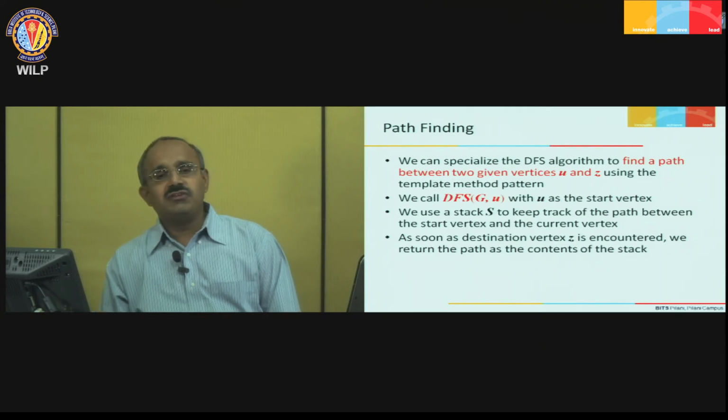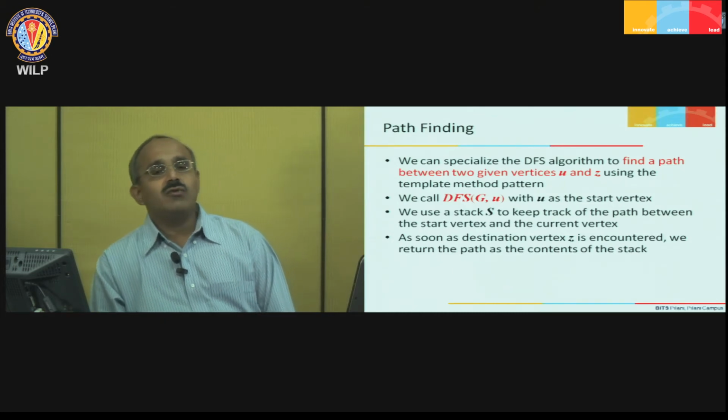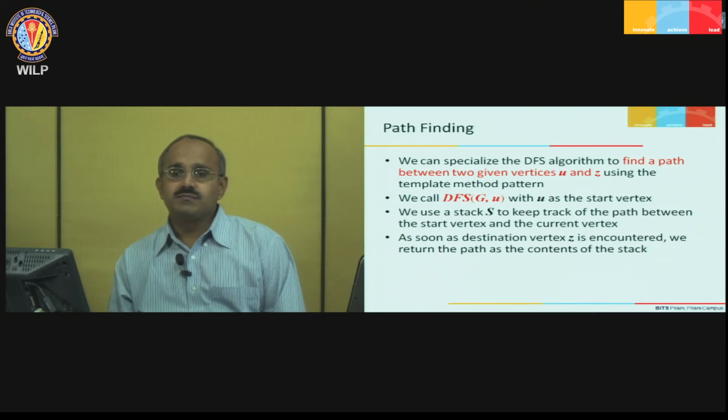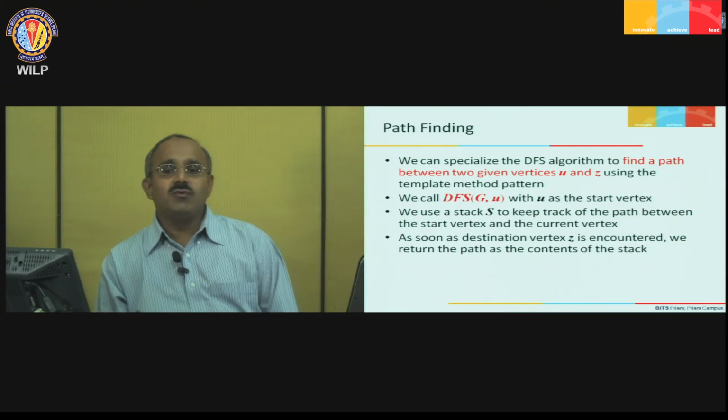So, an obvious application of DFS is path finding. If you are given two vertices u and z, DFS can return the path from u to z. So, we start the DFS with u as the source vertex or the input parameter.